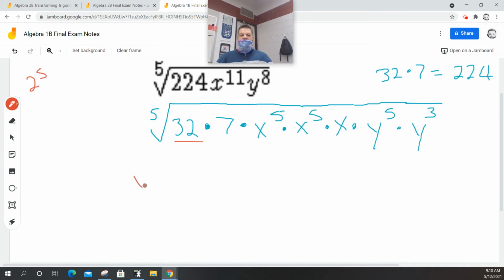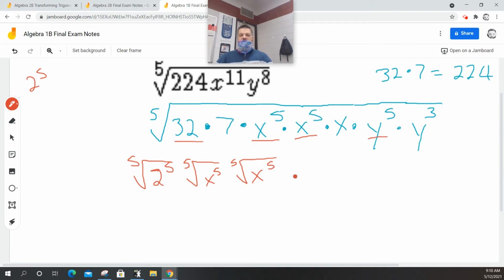So now I'm going to say the 5th root of 2 to the 5th times, what's another 5th root? I've got this one, so I could say the 5th root of x to the 5th. I got another one here, the 5th root of x to the 5th.